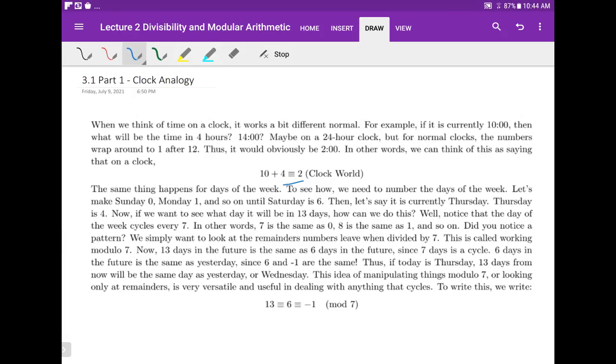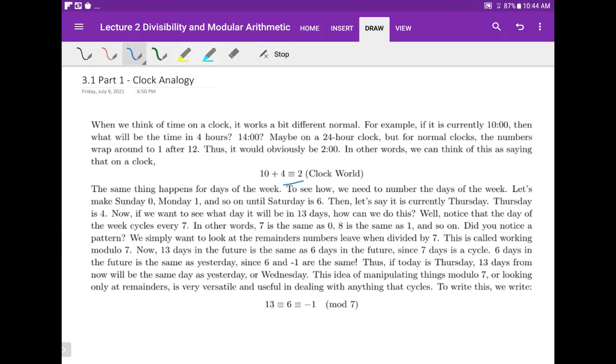Alternatively, it's also equal to -1 mod 7, which basically means that it's 1 less than a perfect multiple of 7. What all of these numbers have in common is that they are spaced by multiples of 7. So 13 and 6 have a difference that's divisible by 7, and 6 and -1 have a difference that's divisible by 7.